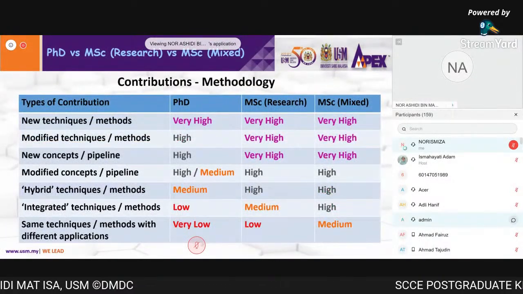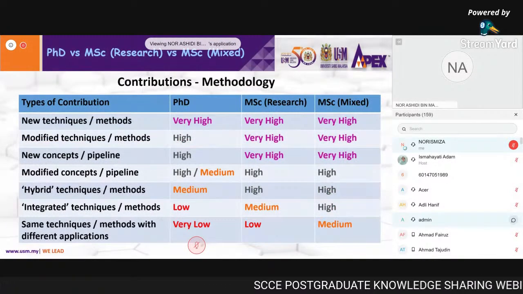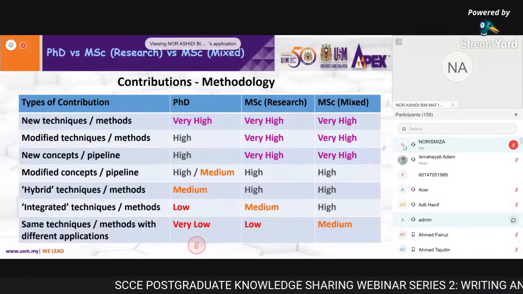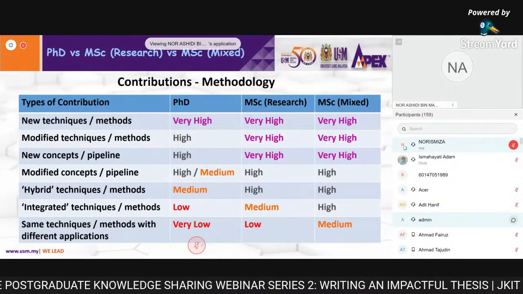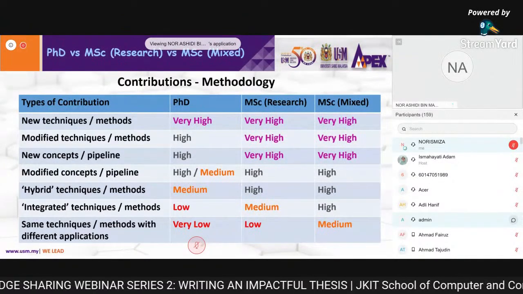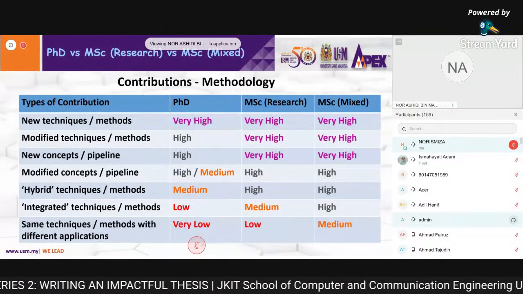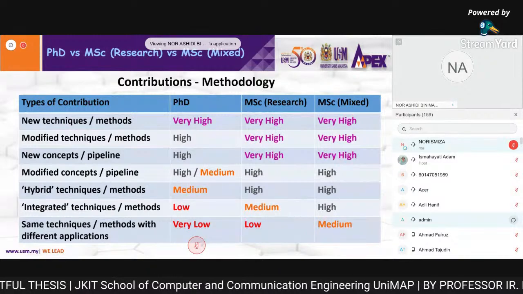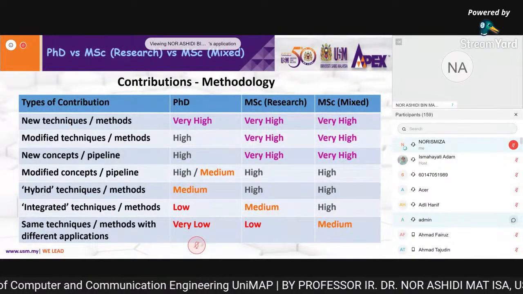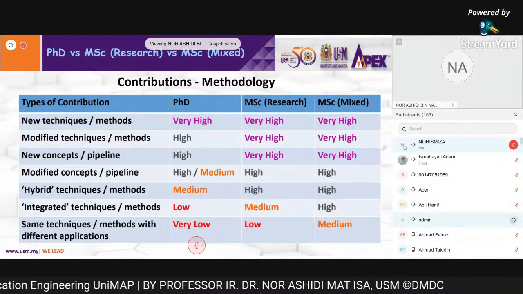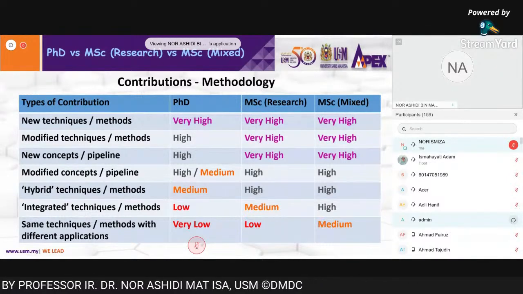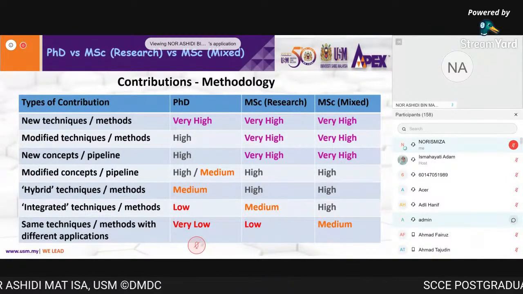This is contribution. As a supervisor or as an examiner, how do I evaluate the students' contributions? There are a few types of contribution, based on my experience.